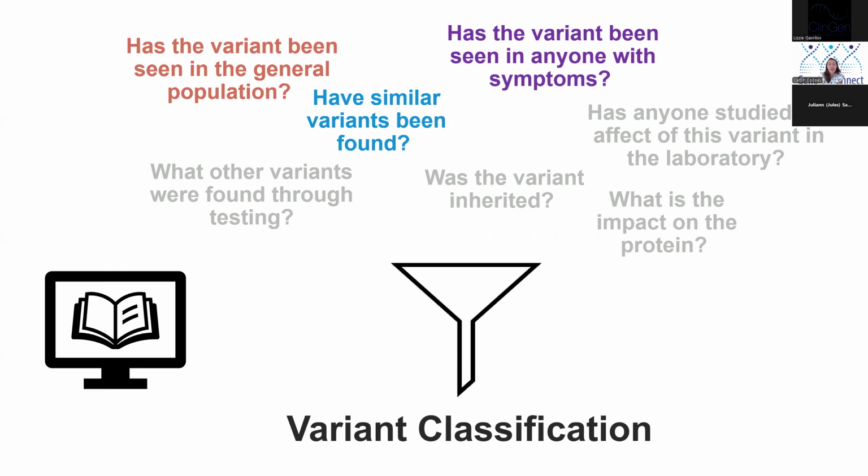Meaning, have enough individuals been reported that have a change in the gene and that they all have similar symptoms to maybe classify this variant as disease-causing, as likely pathogenic or pathogenic? Or has this same variant been seen in many individuals with no health conditions? So maybe leading us to a classification of benign that maybe is just more common in the general population.